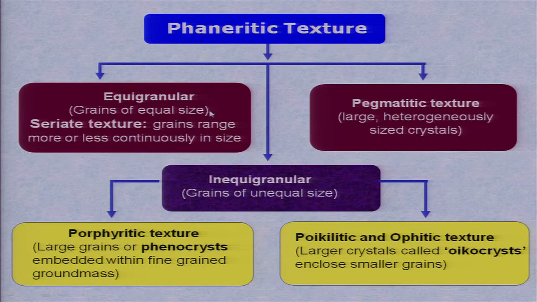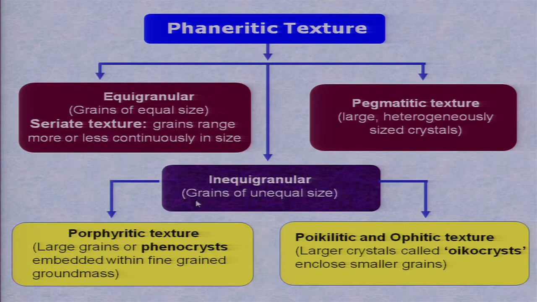In the case of equigranular texture, there is a variety called seriate texture in which grains range more or less continuously in size. The third variety of phaneritic texture is inequigranular texture.